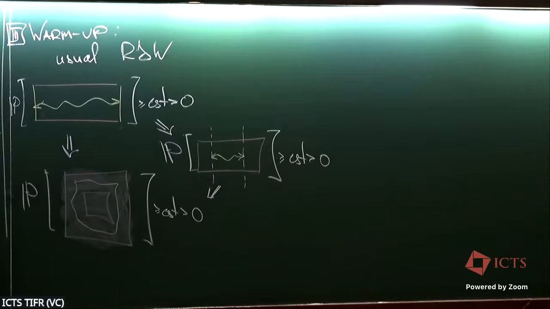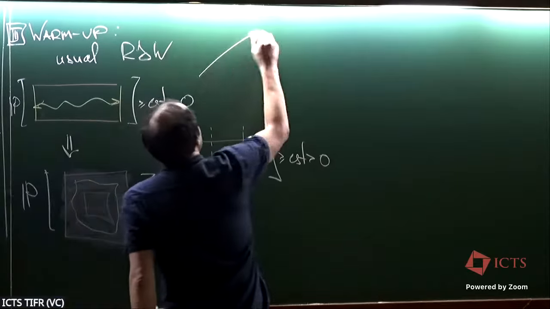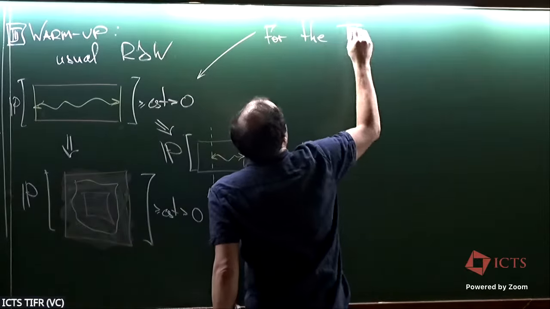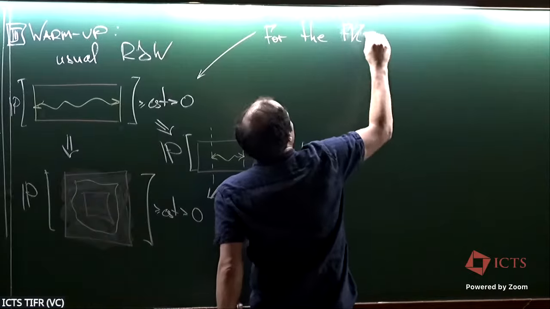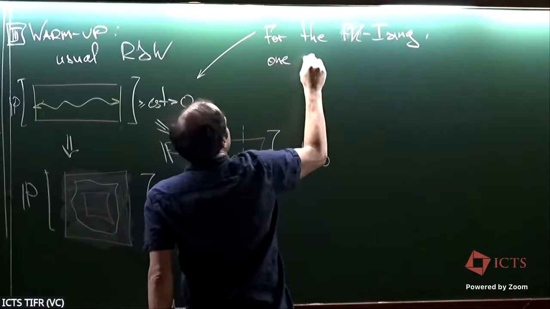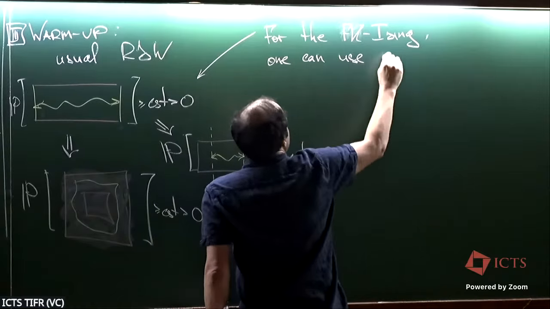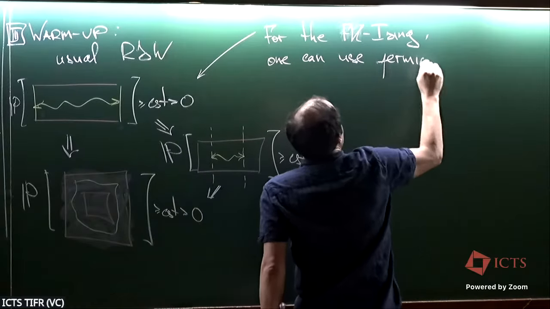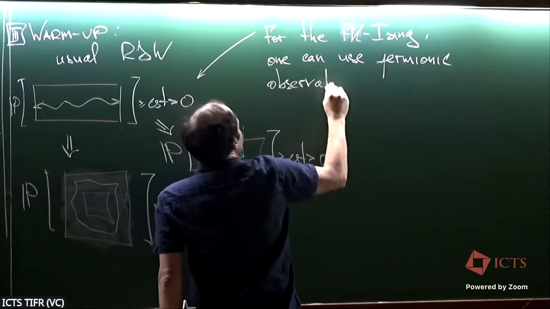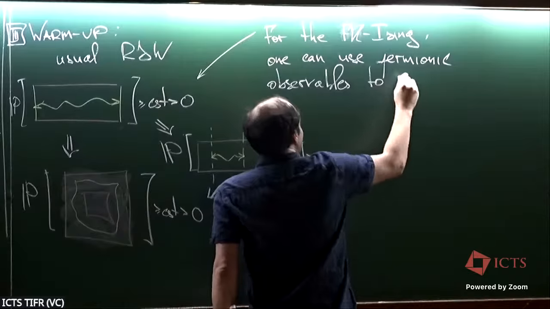Now, what makes the Ising model special? So in the Ising case, one can use fermionic observables to prove this.